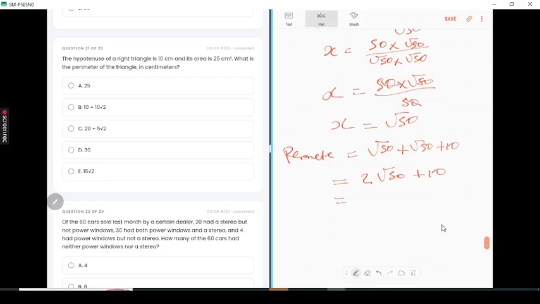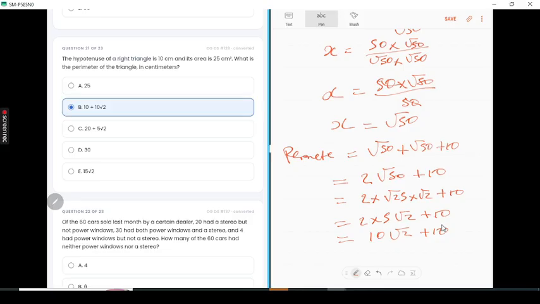We still need to reduce the square root of 50 itself. 2 times root 25 times root 2 plus 10. The square root of 25 is 5. So this is 2 times 5 root 2 plus 10, which is 10 root 2 plus 10. And it corresponds to option B.